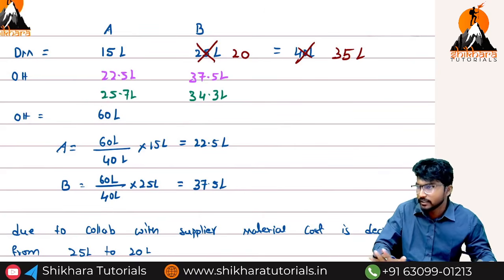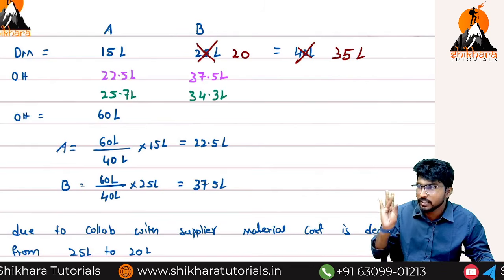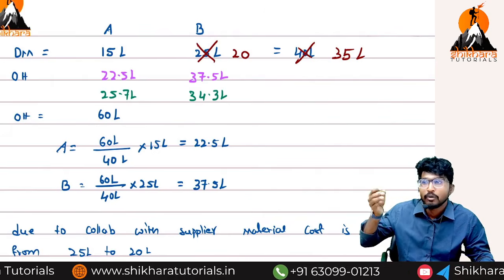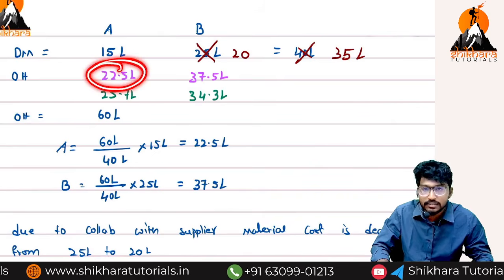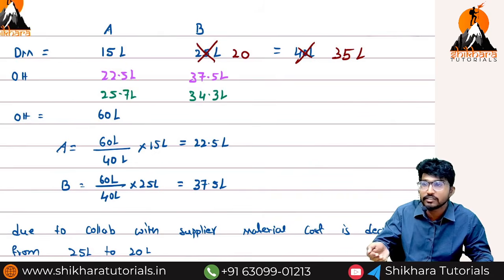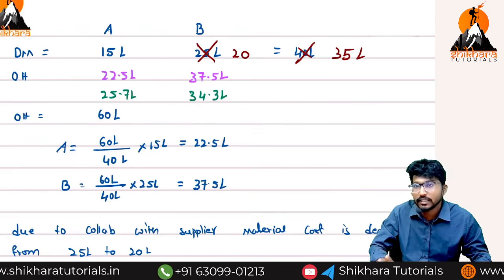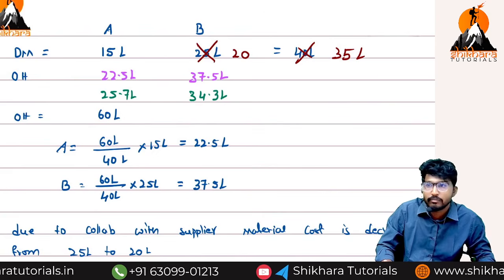It doesn't change its production strategies, its consumption pattern, or produce more products, yet its cost of overheads is increased from 22.5 lakhs to 25.7 lakhs. This is the drawback of the traditional costing system.